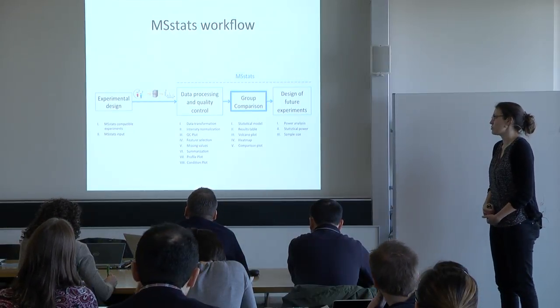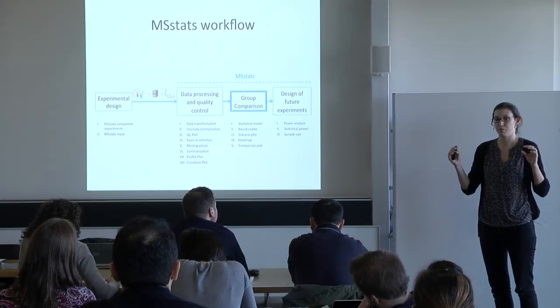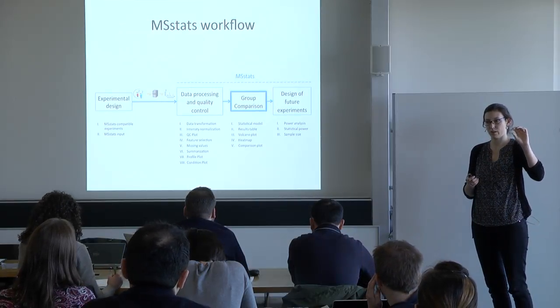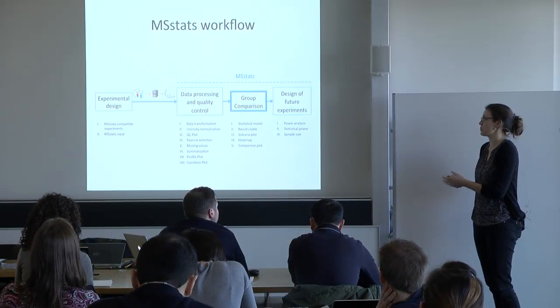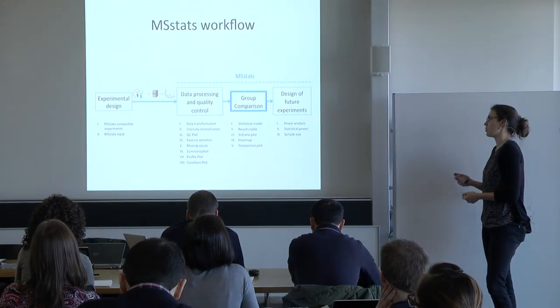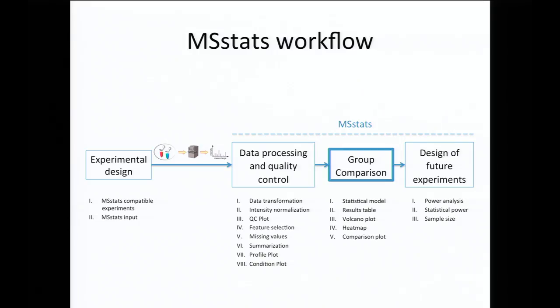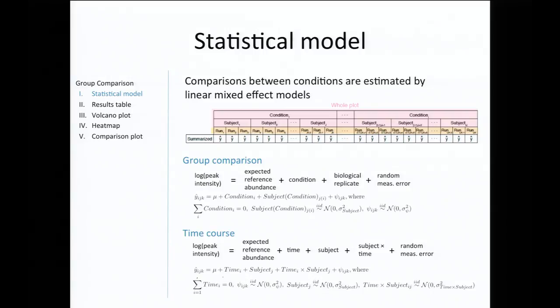So once you have arrived at the complete table for each protein, with the relative intensity values for all those runs, you can actually go on with the group comparison. In this step, you apply a statistical model, which is a linear mixed effect model, to consider all the different conditions and biological replicates. This is now the whole plot design.